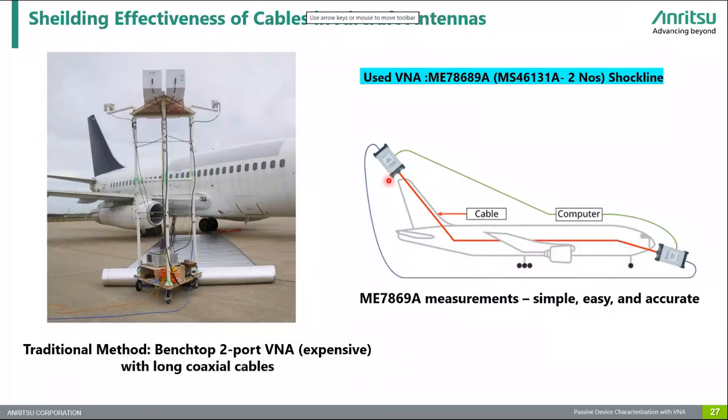The two VNAs are synchronized and connected over a control PC, which enables accurate shielding effectiveness measurements without needing the long RF cables. This approach not only simplifies the test setup, but also improves measurement accuracy by minimizing cable losses and reflections. It's a great example of how distributed VNA systems are transforming field testing, making it faster and more reliable.